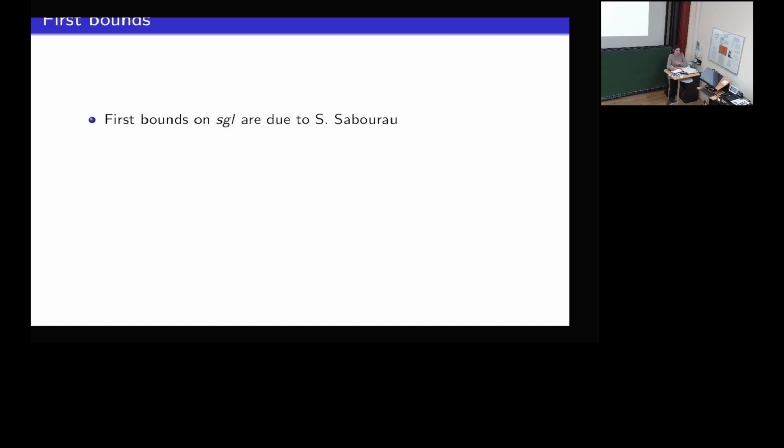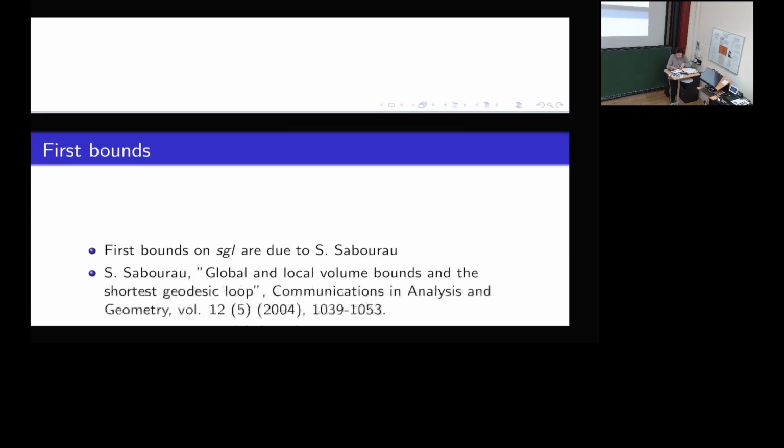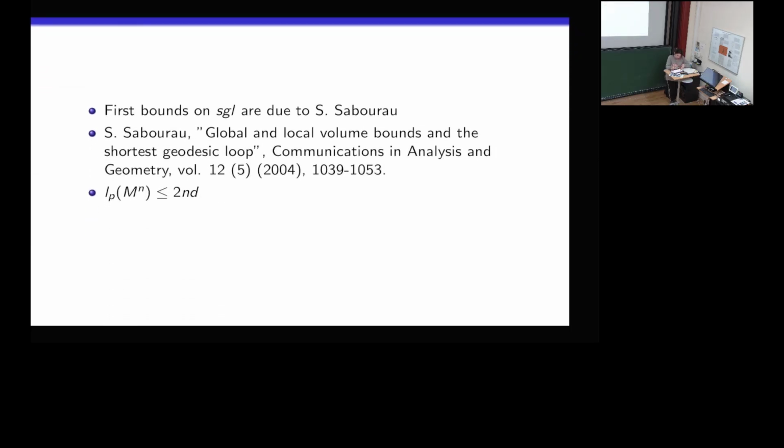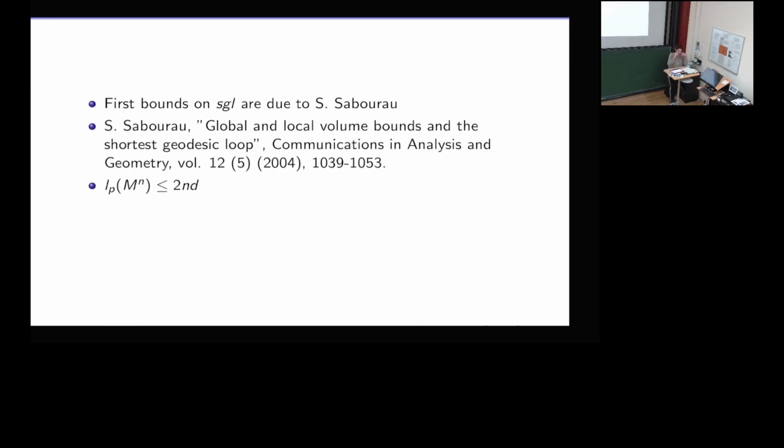So all spheres are decomposed into short loops, and then all of it are constructed as loops as well. Then I'm going to be a little more specific about this. Then there was my result where I bounded the length of the shortest geodesic loop on them in terms of the dimension and the diameter.